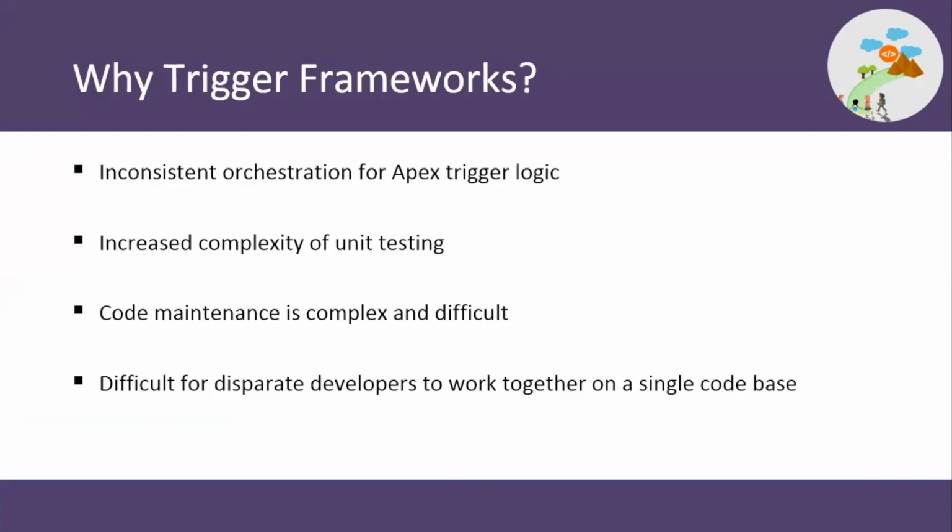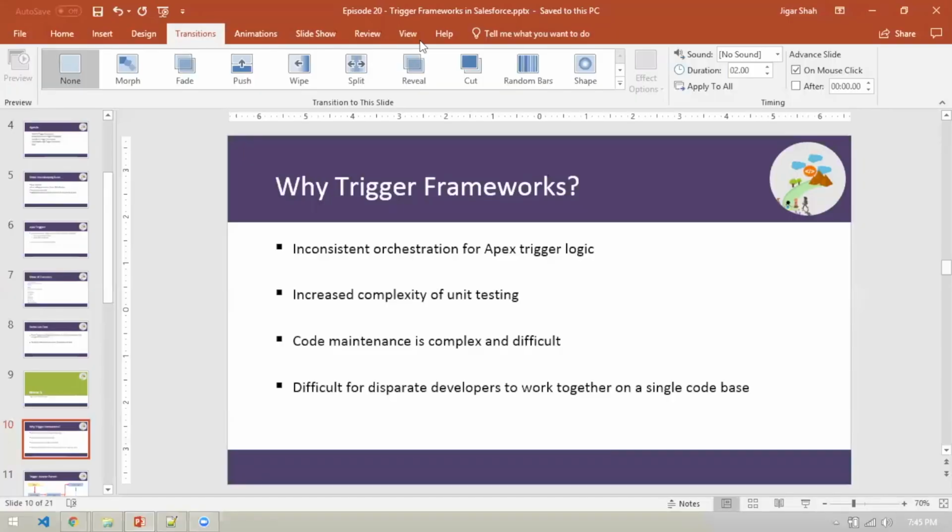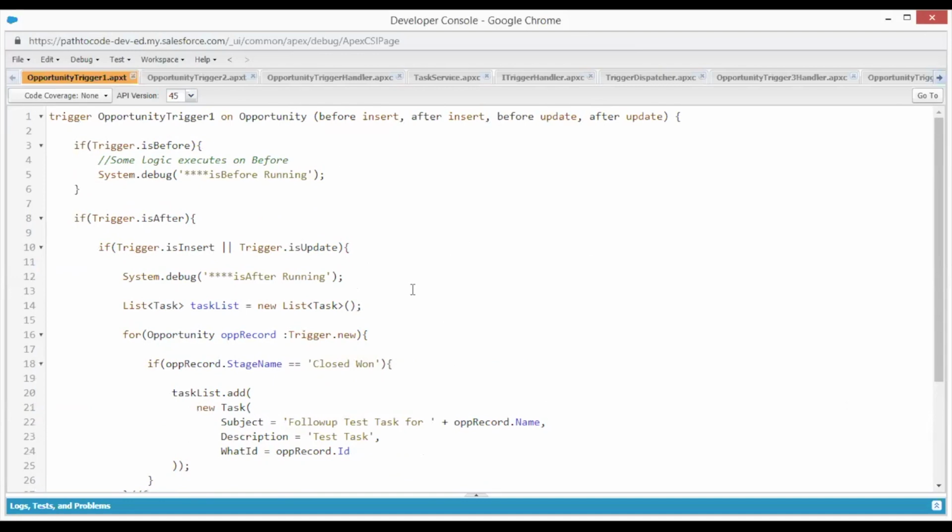But the problem is, if I had another developer write a similar trigger on the Opportunity object, let's say OpportunityTrigger2, there would be no way of determining which trigger runs first. So you basically don't have control, and there is no insight as to which trigger runs first, which could create problems. It could result in race conditions.